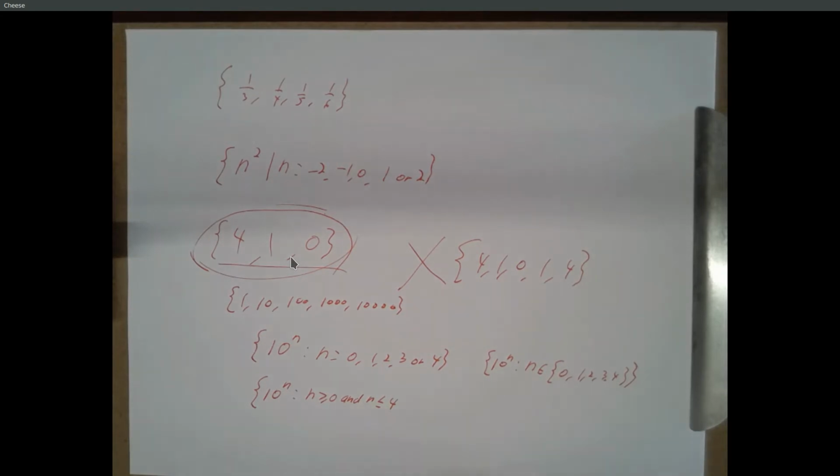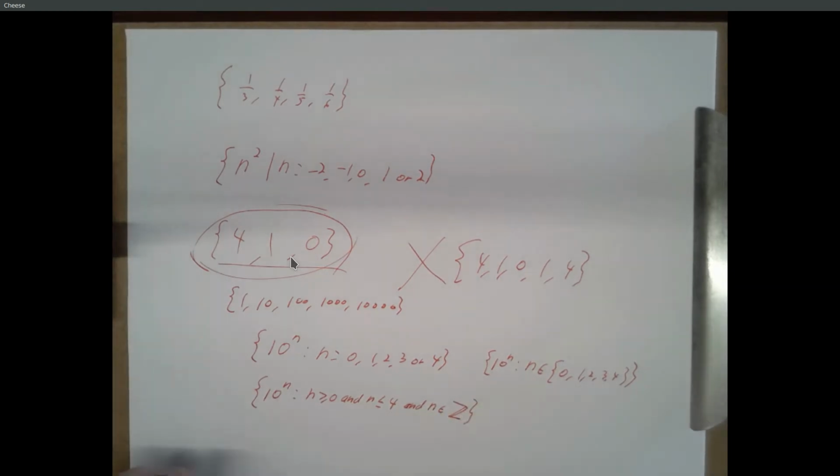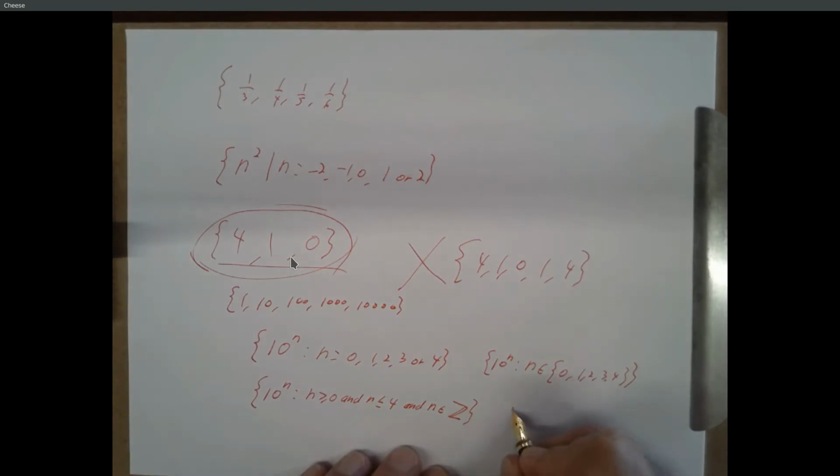Does that count also? So I would also say something like and n is an element of the set of the integers. Or if you like natural numbers, you could do the set of 10 to the n such that n is less than or equal to 4 and n is in the naturals.